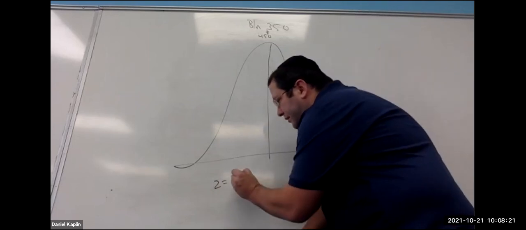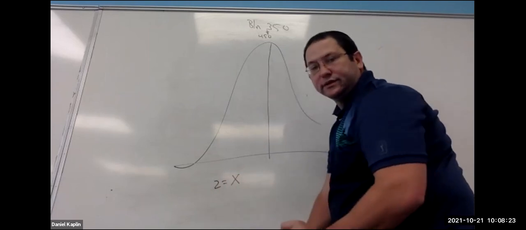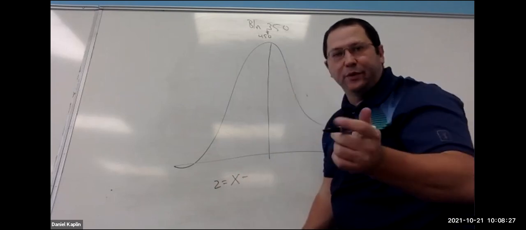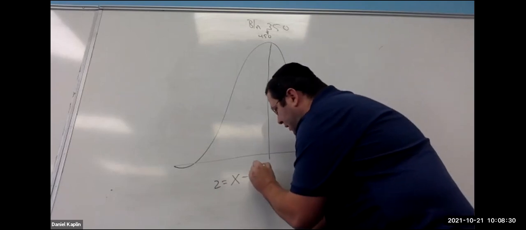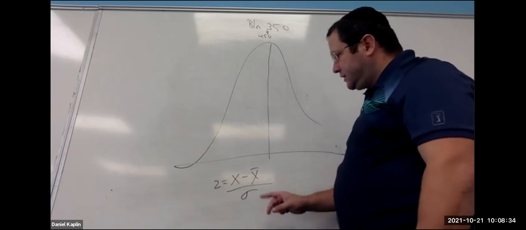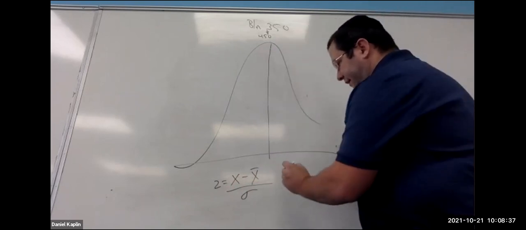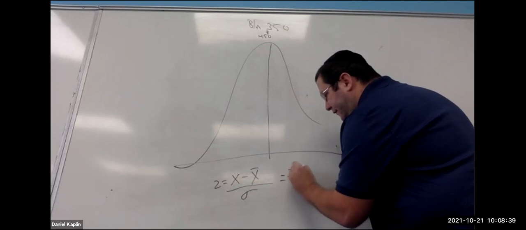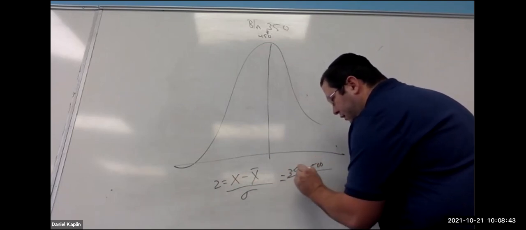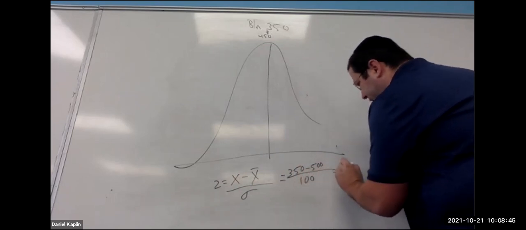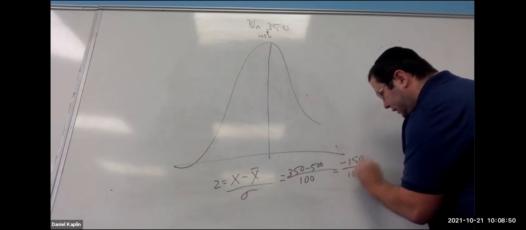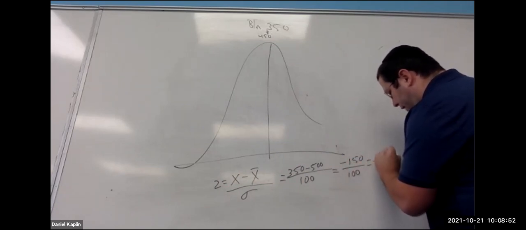Now, just as a reminder, z-score is your individual score minus the mean. This time I'm going to draw the mean as a sample mean because I think that's how I wrote it. X minus X bar divided by standard deviation. So first one is 350. So we do 350 minus 500 over 100, which gives us negative 150 over 100, or negative 1.50.